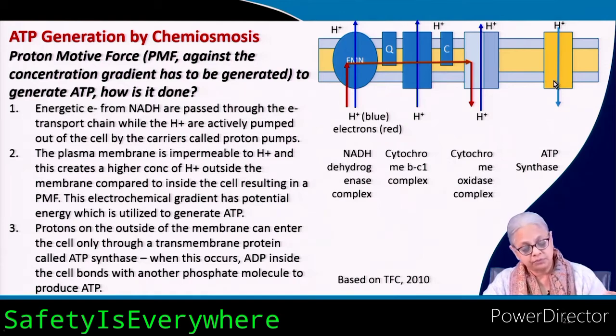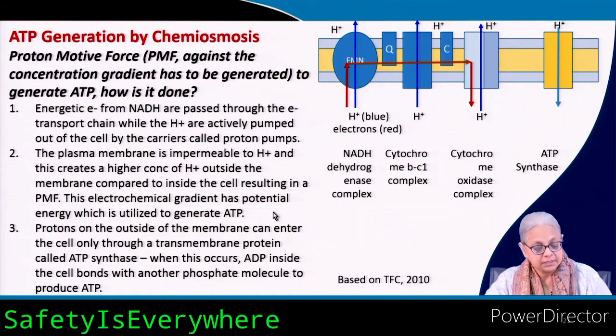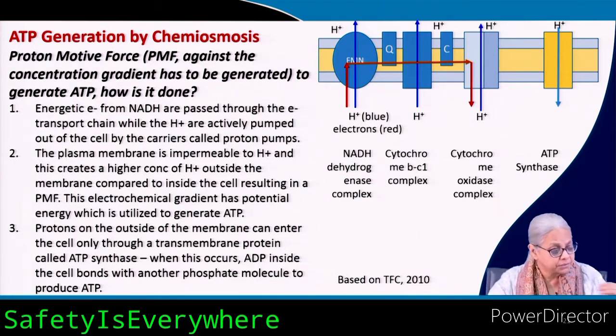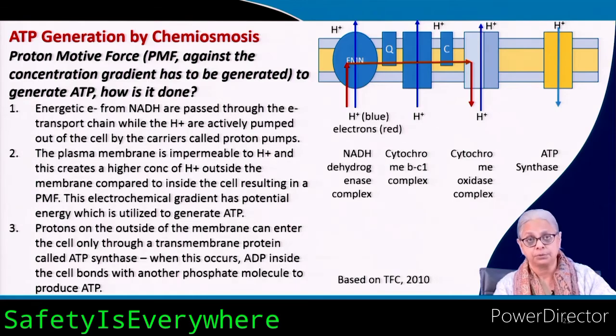So this proton motive force will now be dissipated by ATP synthase, and ADP, that is already there in the cytoplasm, along with a phosphate molecule, will utilize the energy that is being dissipated by the proton motive force to generate ATP. So it sounds very complicated, and it is, but that's what the life process of ATP generation is. It's a very complex process.